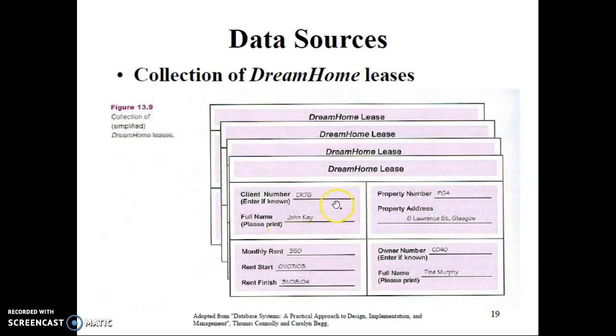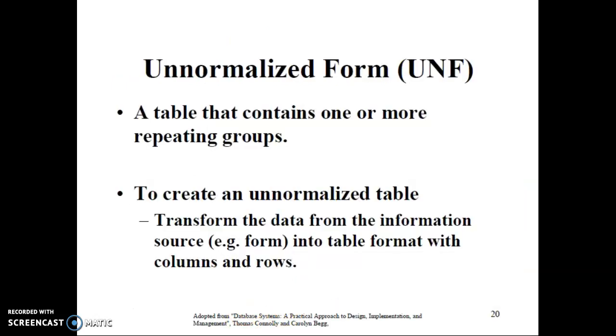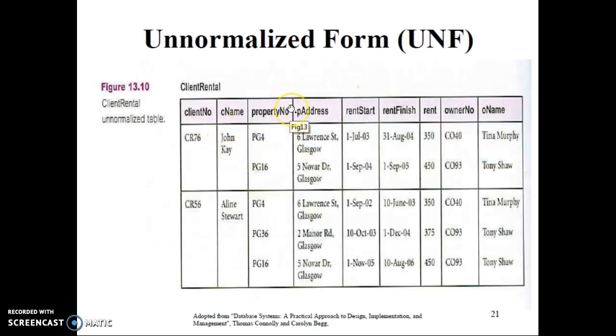After collecting these data sources, the next step is converting all this information, which is in forms, into a table format, called unnormalized form. What is unnormalized form? A table that contains one or more repeating groups.